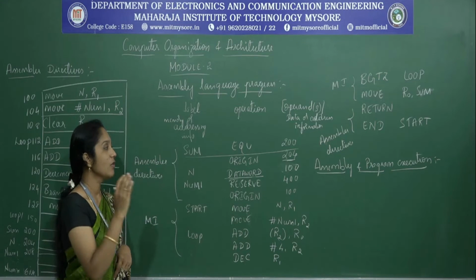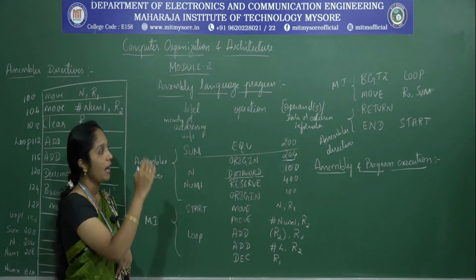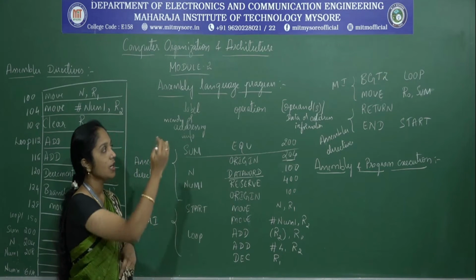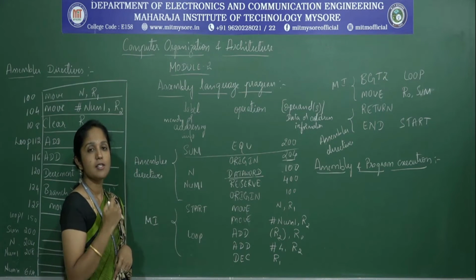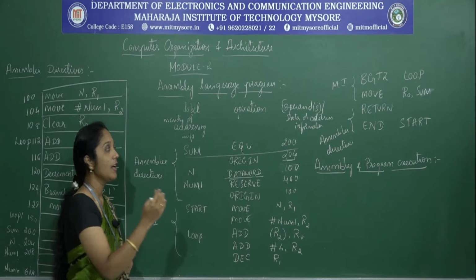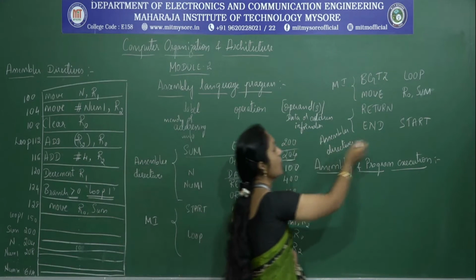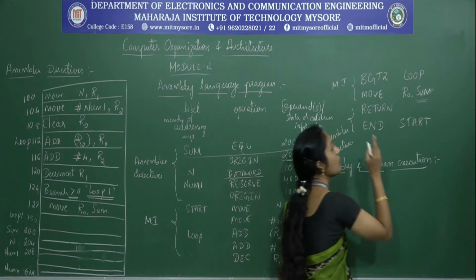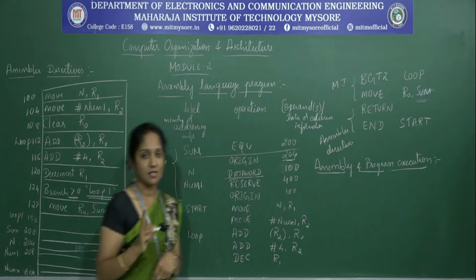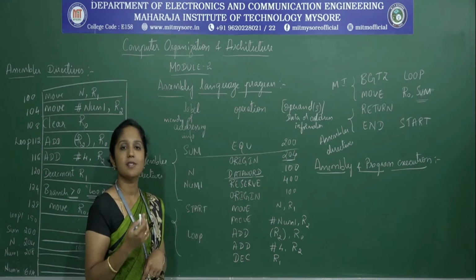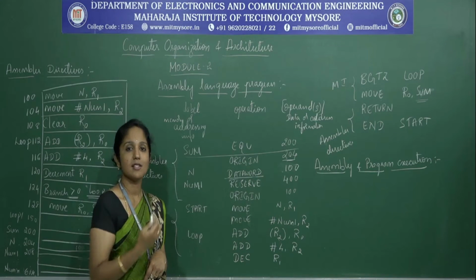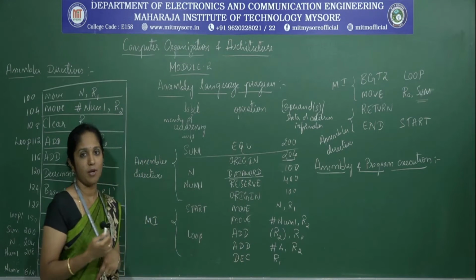Initially it will store it as sum 200, and for each and every instruction it is going to have a symbol table entry and the replacement. Sum is not going to be replaced as 200 in the first pass itself. In the second pass, that sum will be replaced as 200. Such an assembler is called a 2-pass assembler.